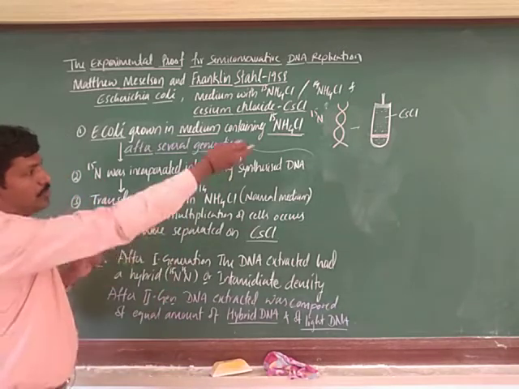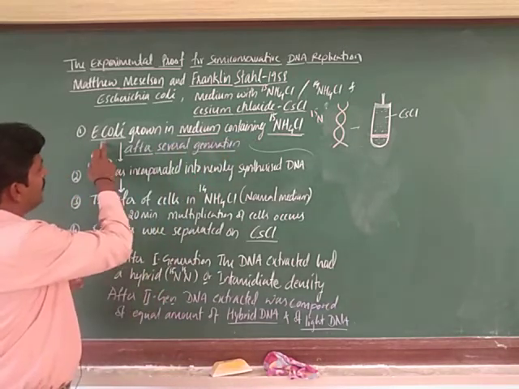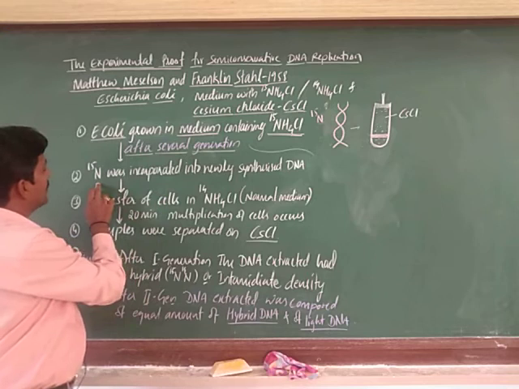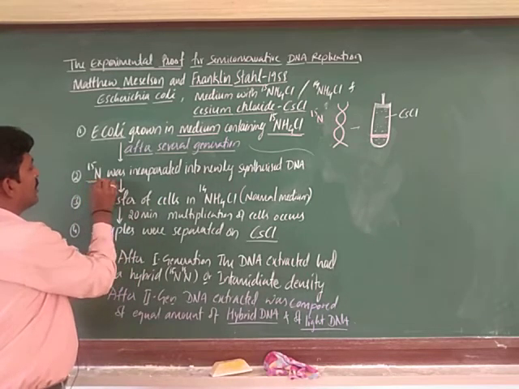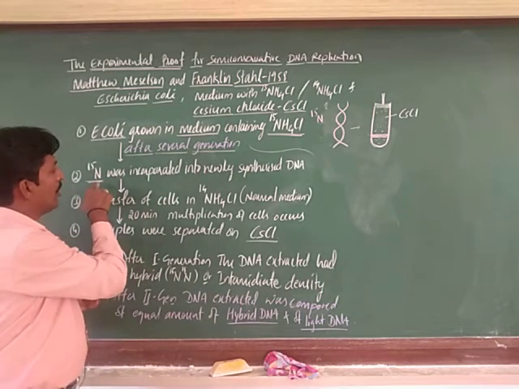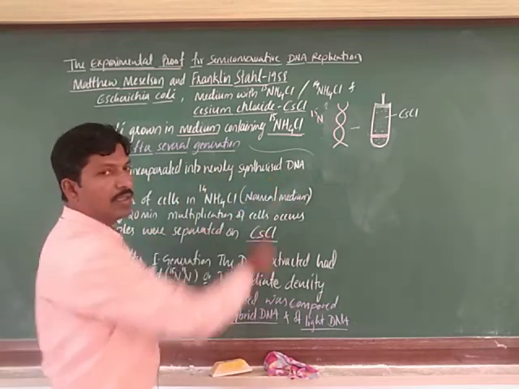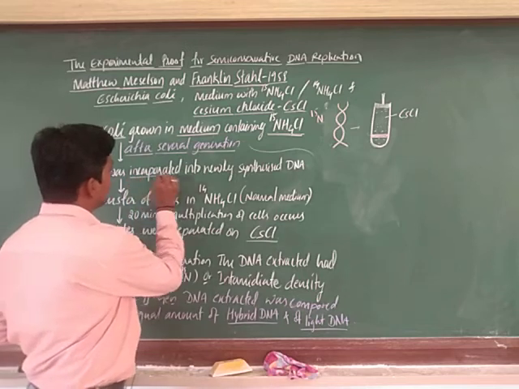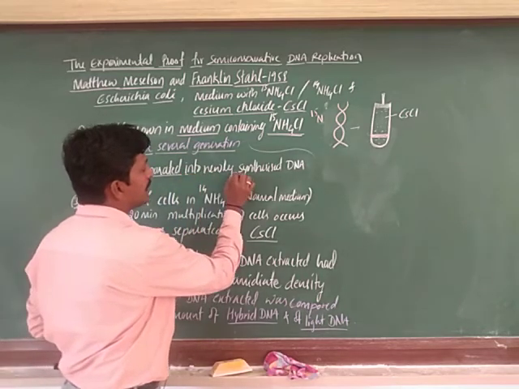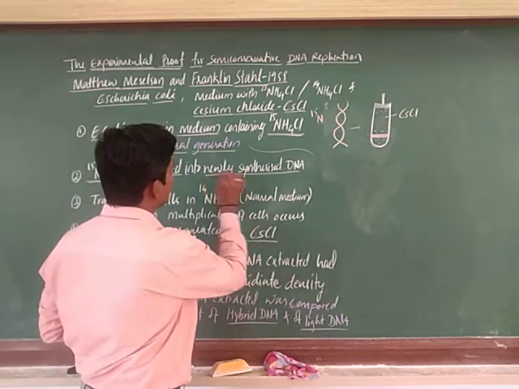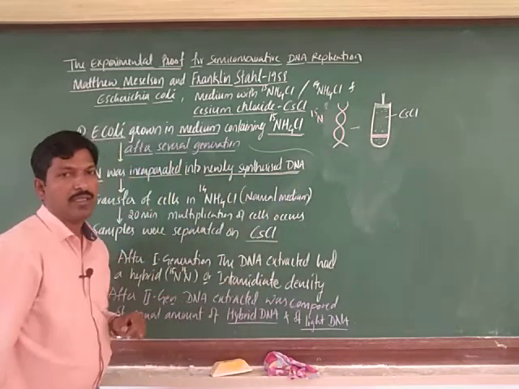So, why did it become so? See, after several generations, what happens in the second step is that the heavy nitrogen isotope was incorporated into the newly synthesized strands of DNA, right.